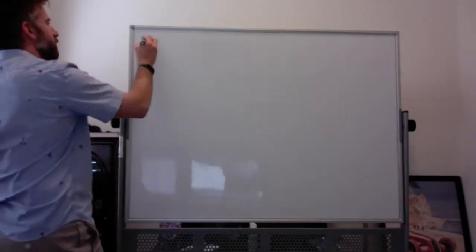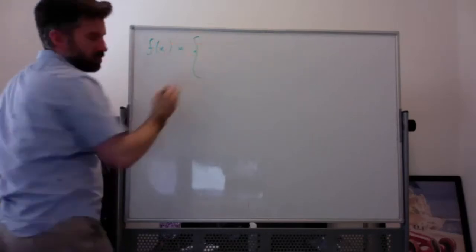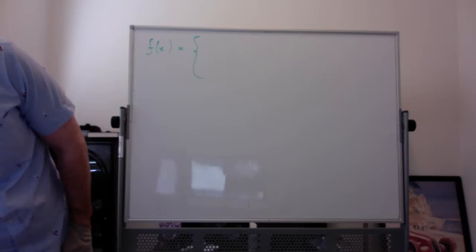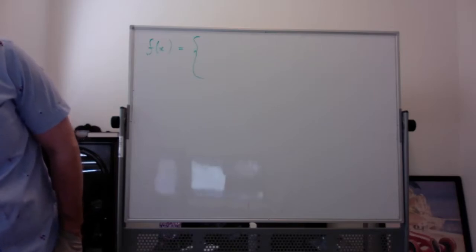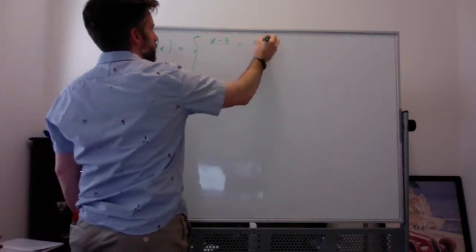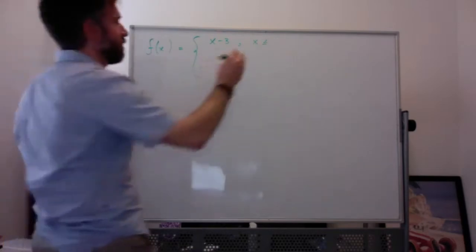So let's say our function. I'm gonna make it more interesting. Let's say our function f of x is equal to what have we got here? Sorry, where'd you go? Apologies. Sure. Let's say it's x minus 3 when x is less than or equal to -1.